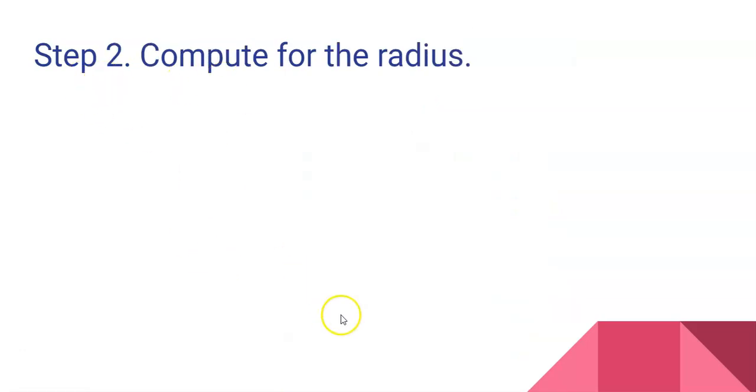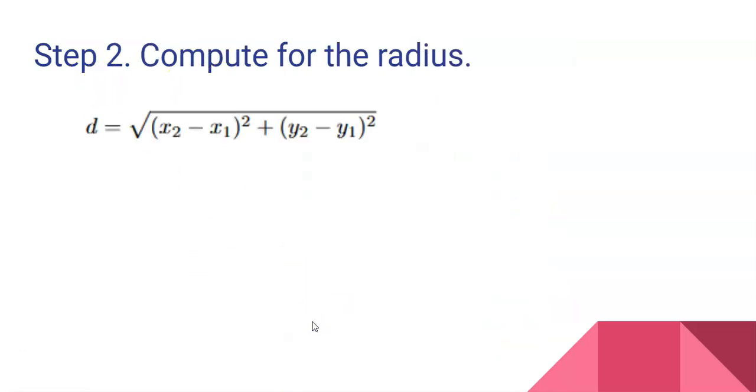Step 2. Compute for the radius. Always remember the distance formula: d is equal to the square root of (x sub 2 minus x sub 1) squared plus (y sub 2 minus y sub 1) squared. Now, we have a center (h, k), and that would be point 1.